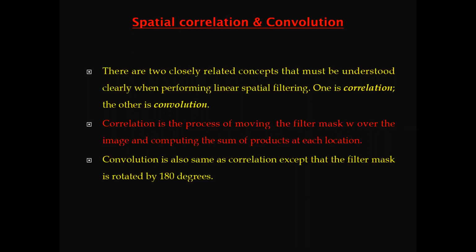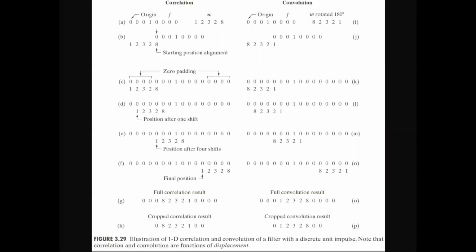Correlation is the process of moving the filter mask w over the image and computing the sum of products at each location. Whereas convolution is the same as correlation, except that the filter mask is rotated by 180 degrees.